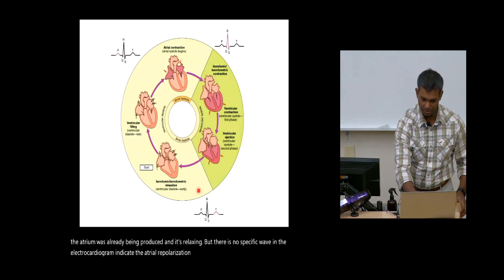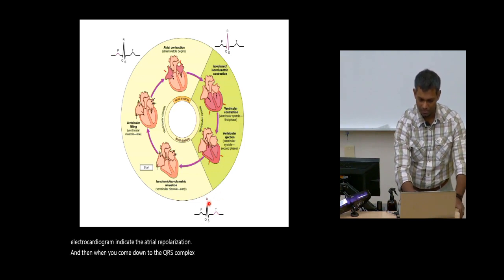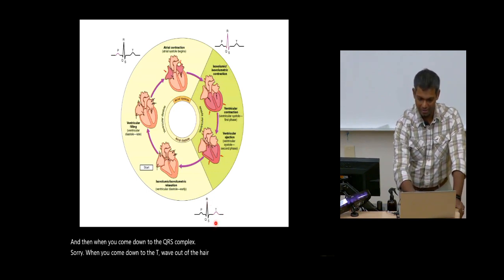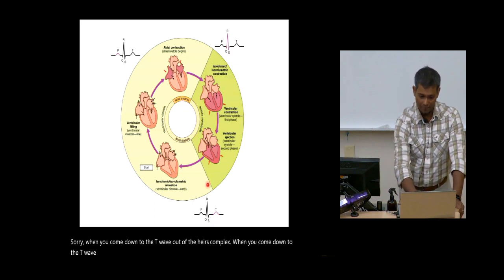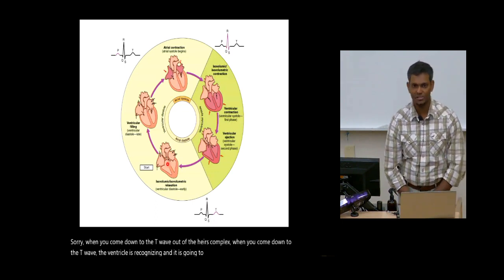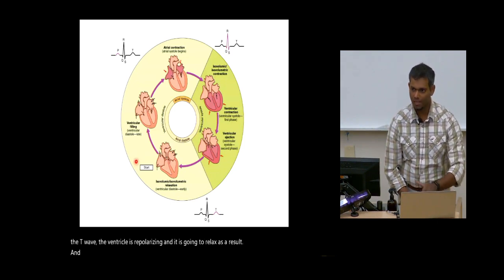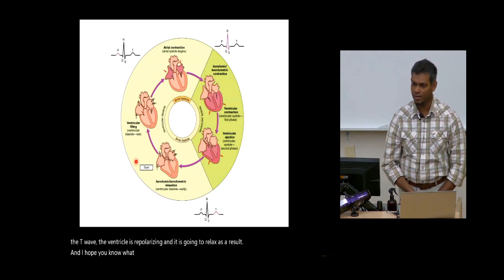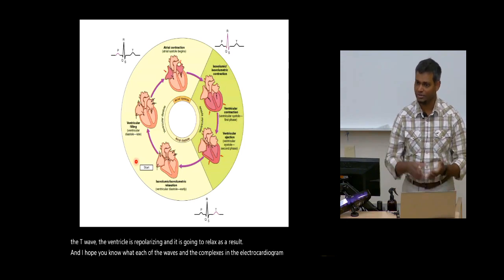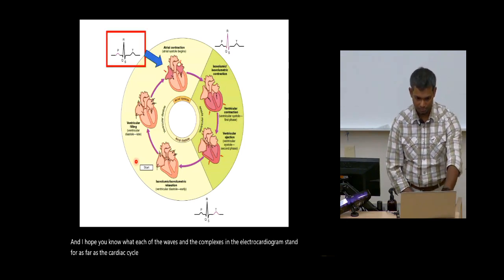And when you come down to the T wave, not the QRS complex, the ventricle is repolarizing and it is going to relax as a result. And I hope you know what each of the waves and the complexes in the electrocardiogram stand for as far as the cardiac cycle is concerned.